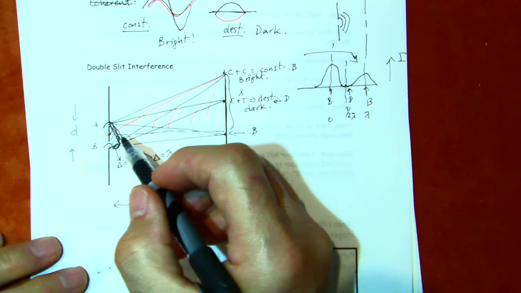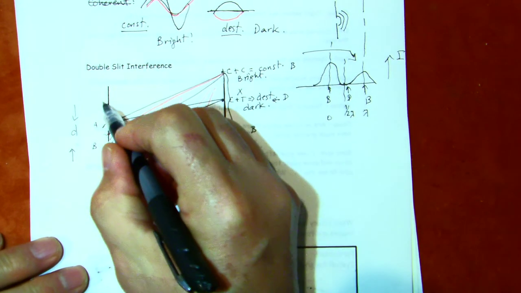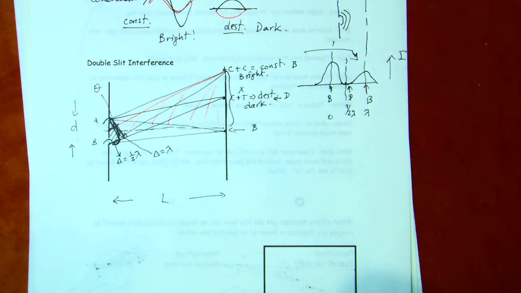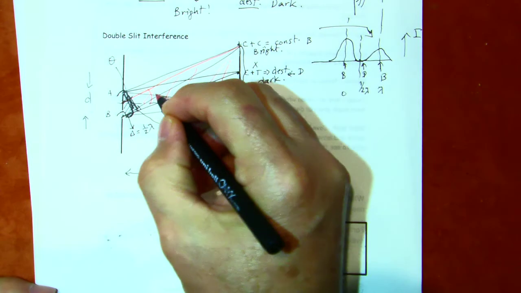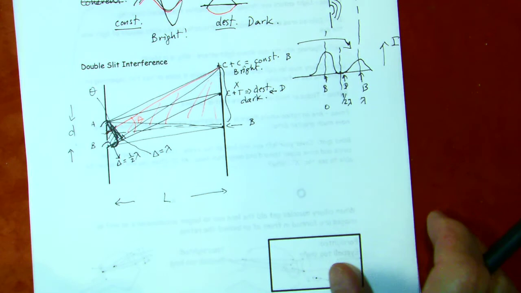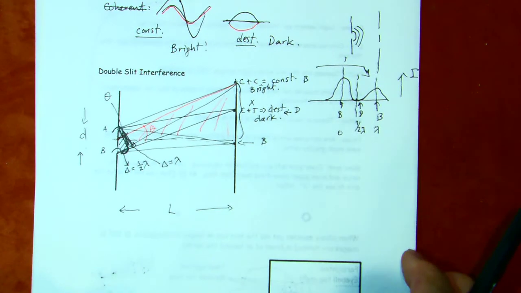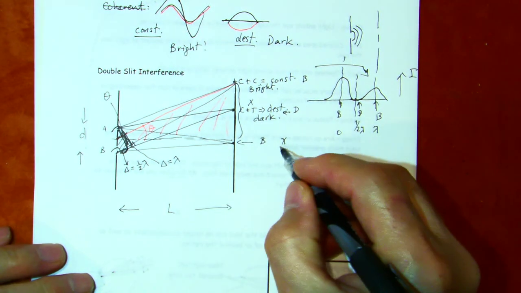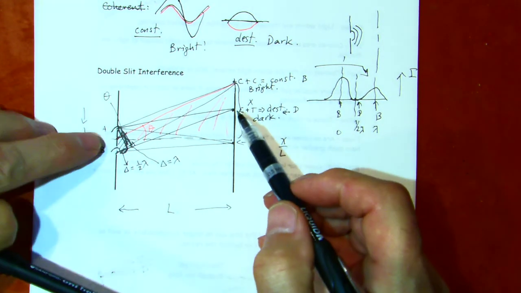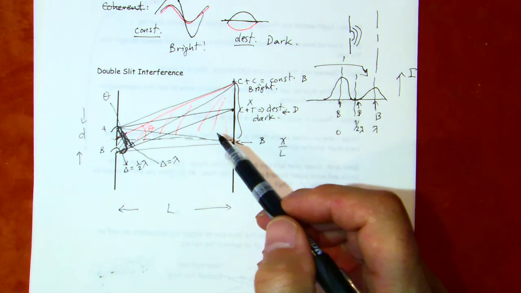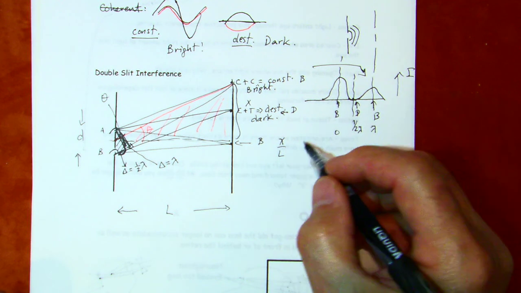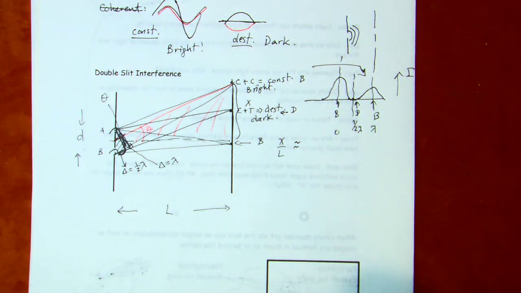But as it turns out, this angle up here, we're going to call theta. That's the angle at the peak of the little triangle. And this angle here is also theta, because those are similar triangles. Now, for small theta, x over L, which is opposite over adjacent, which would be the tangent, is approximately equal to theta.